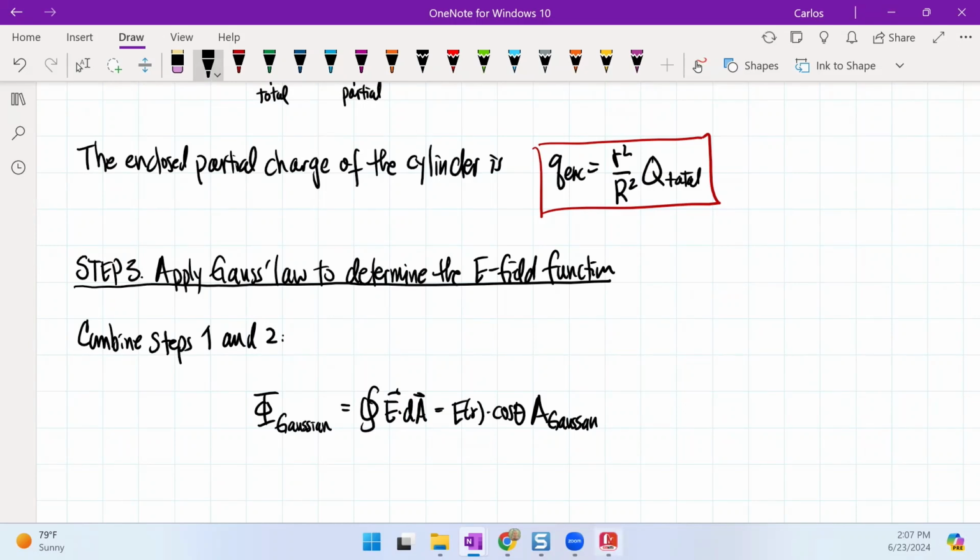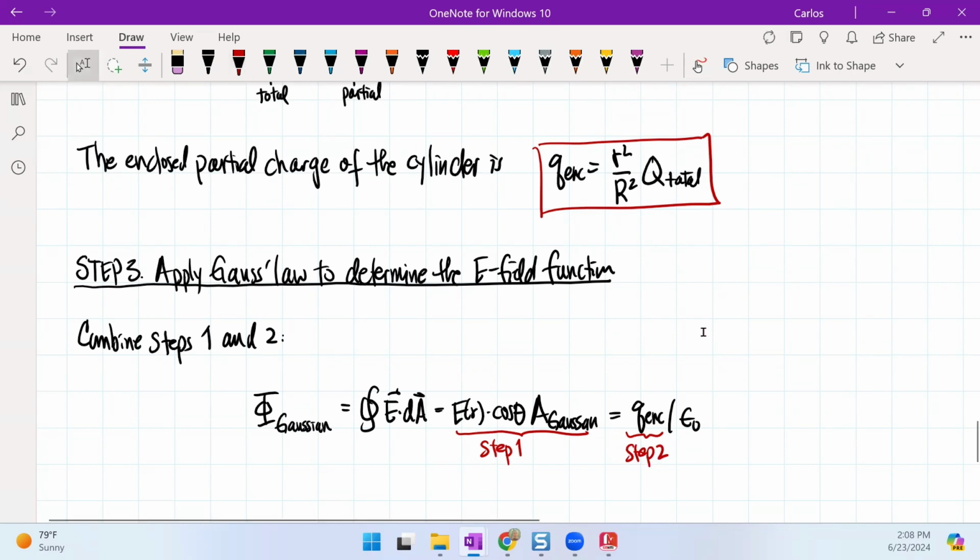On the right side, we now have Q enclosed divided by epsilon naught. By the way, let me be careful here: this is step 1, and this is step 2. We're just putting these together.